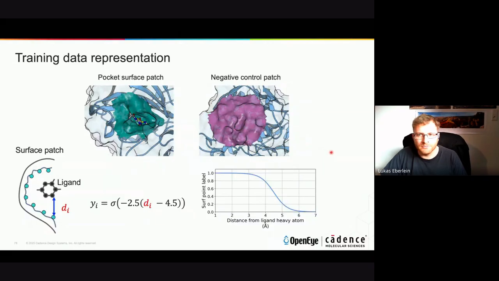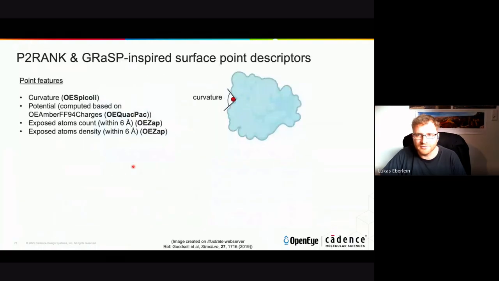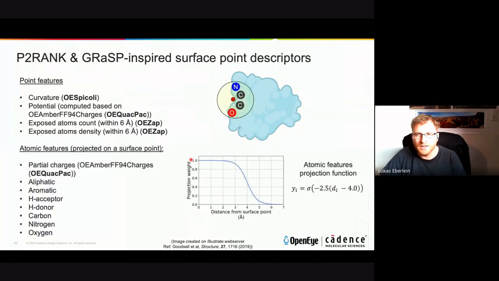We can take this and we decorate the surface based on some distance criteria. And we have a feature vector, which is based on some point features that are taken from our toolkits and are inspired by the P2Rank model.